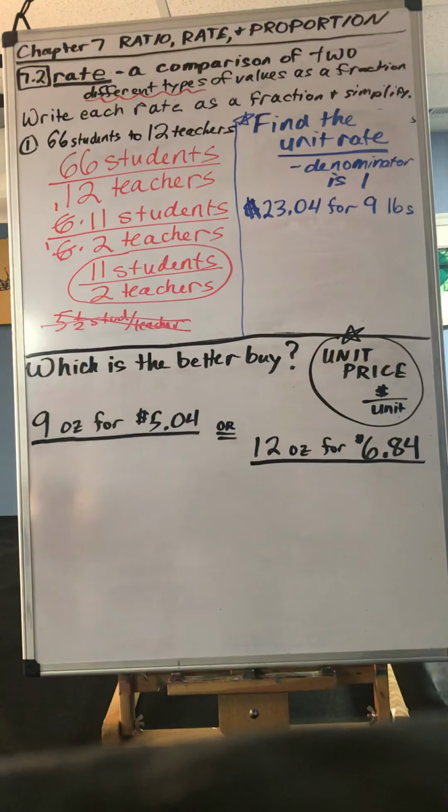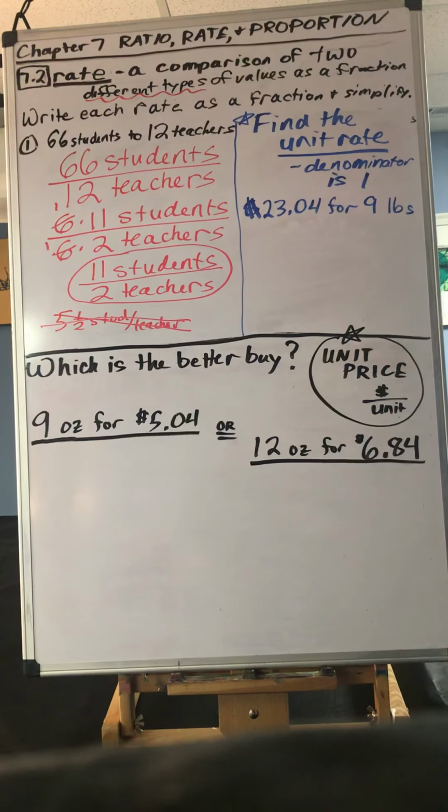We would just be looking at the fact that there are 11 students for every 2 teachers. However, you can see in the next problem, we are going to be interested in this concept of unit rate. So unit rate is simply when the denominator is 1.